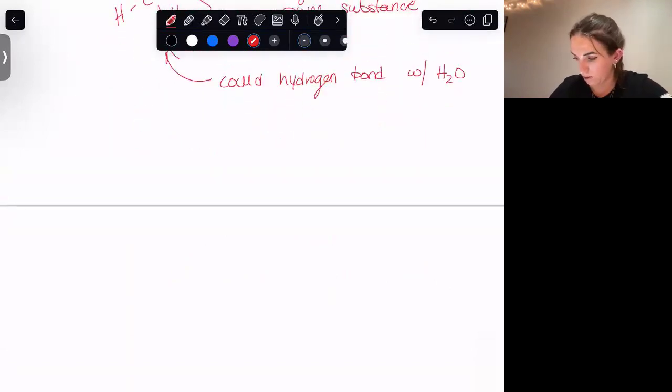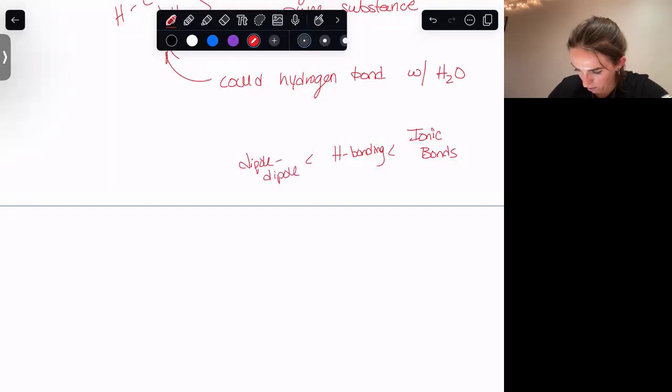Your ionic bonds are going to be the strongest, and then your hydrogen bonding, and then your dipole-dipole, and then your London dispersion forces. Right, and you can tell if something is going to be polar based off of the shape that you draw for your Lewis structure.